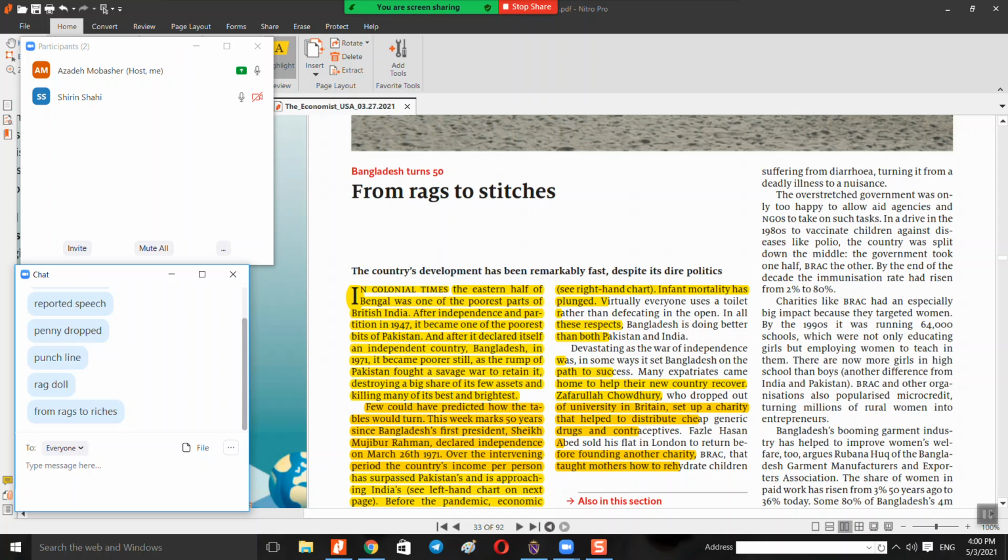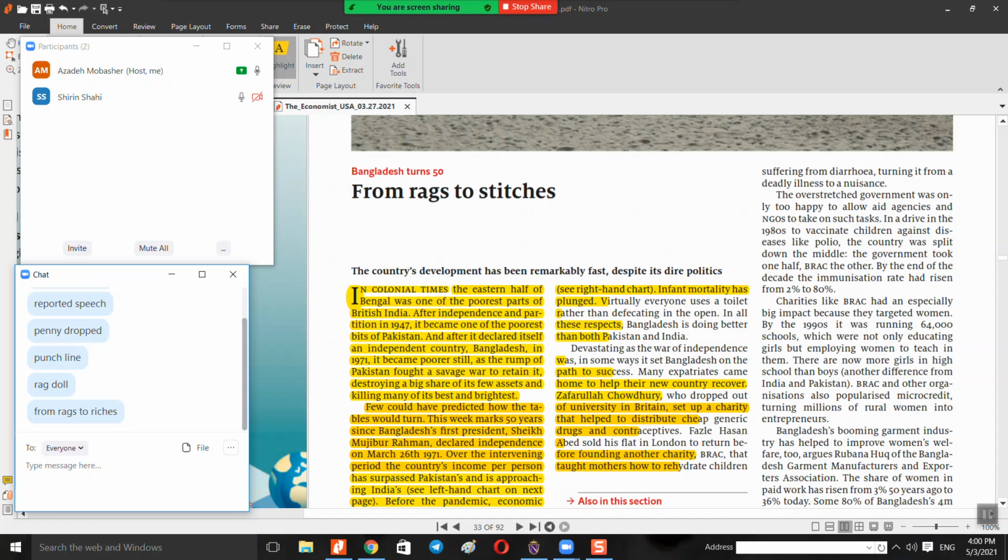The country's development has been remarkably fast. Shirin, what does it mean to say that it's been remarkably fast? What does remarkably mean here? Their development, yes. A lot.